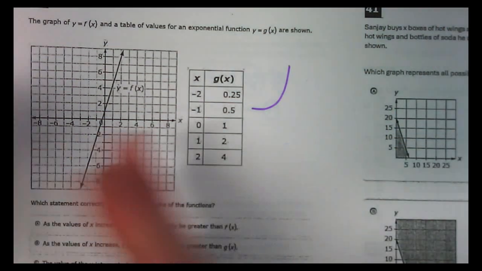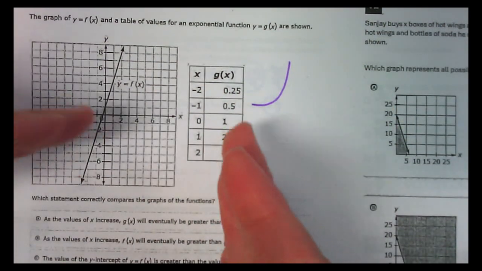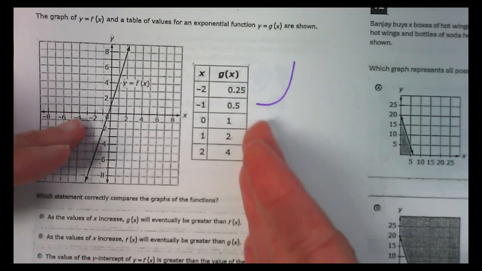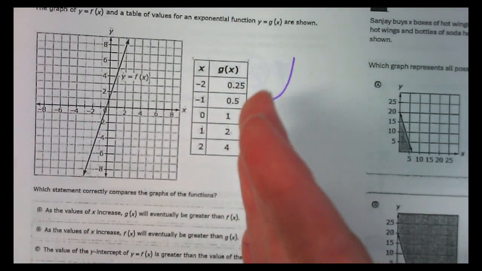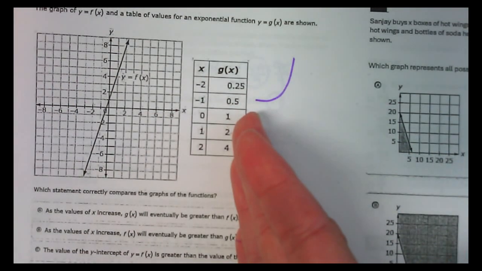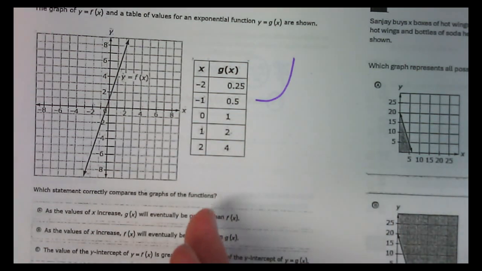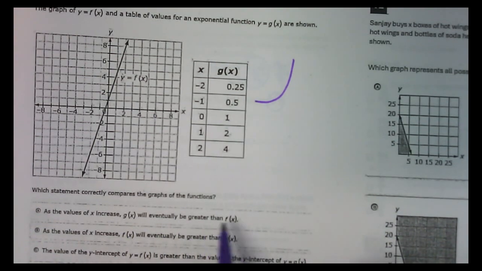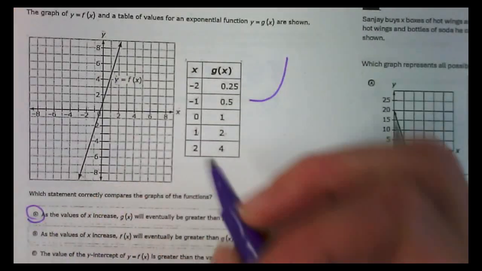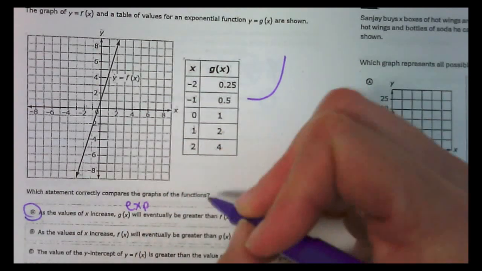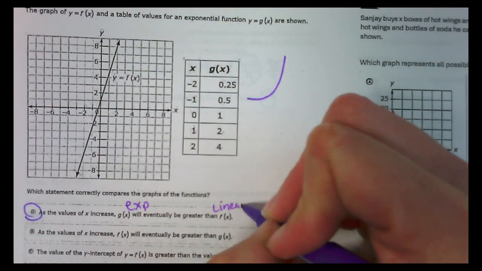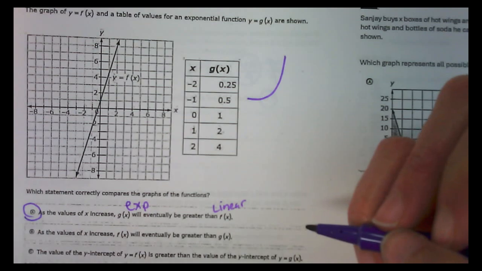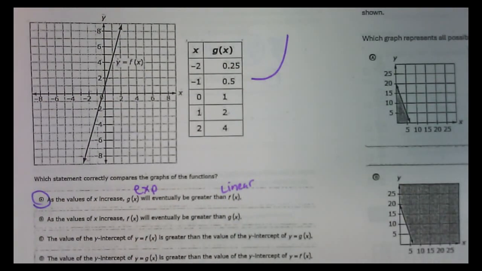So no matter what the original picture looks like, when we are comparing linear to exponential, exponential will eventually be greater. Okay, so when I read through my choices, as the values of x increase, g of x will eventually be greater than f of x because g of x is exponential and f of x is linear. It's going to happen every time. So that's why we picked that option.